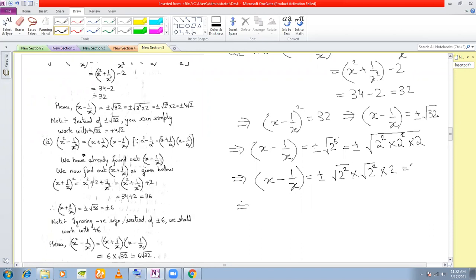Which is nothing but 2 into 2 into root 2, which is 4 root 2.